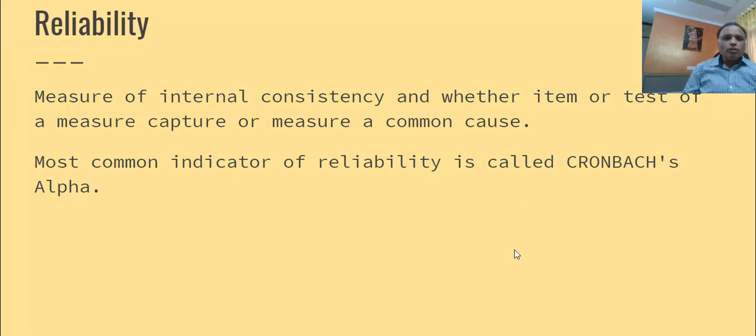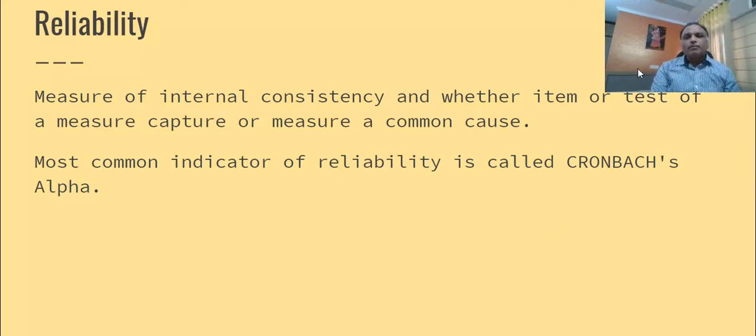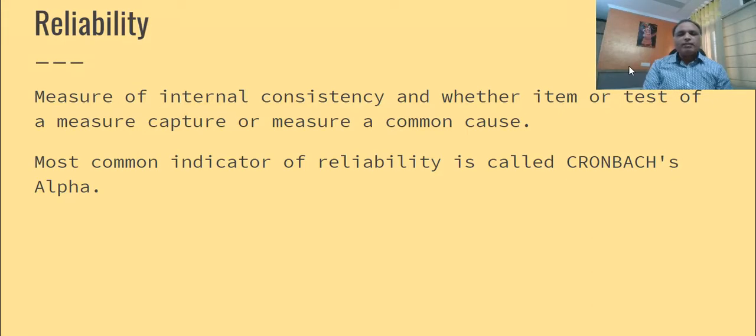The most common indicator of reliability is called Cronbach alpha. So you need to capture the Cronbach alpha, and if you have a Cronbach alpha value of more than 0.8, you can start dancing, or you feel, oh my god, I did a good job, my whole scale, my measurement is perfect.